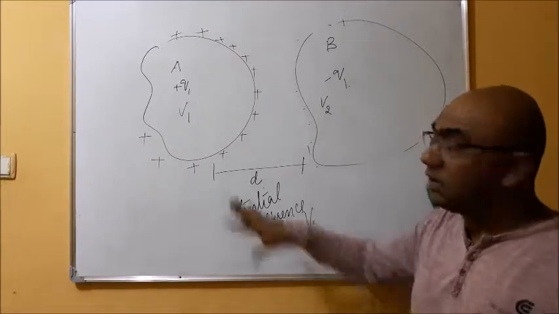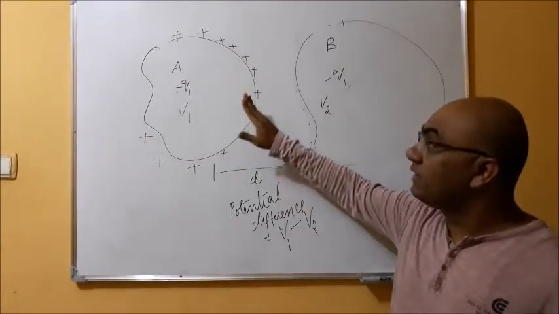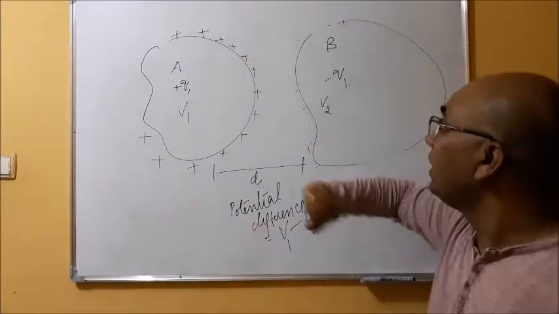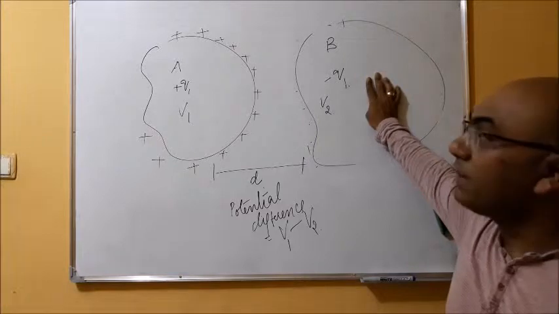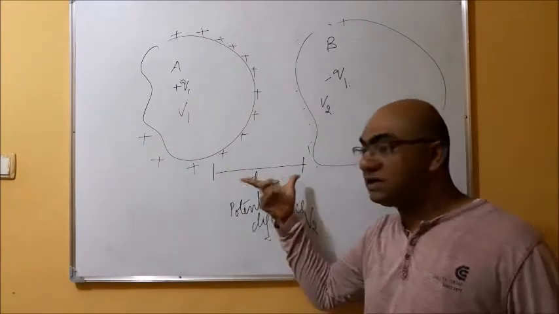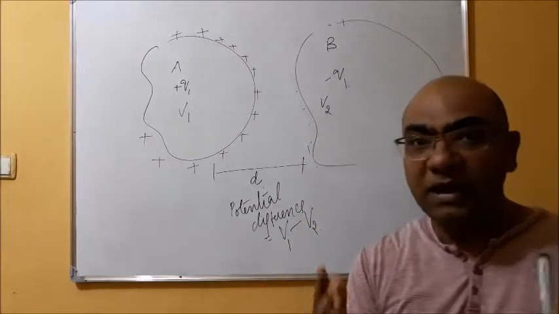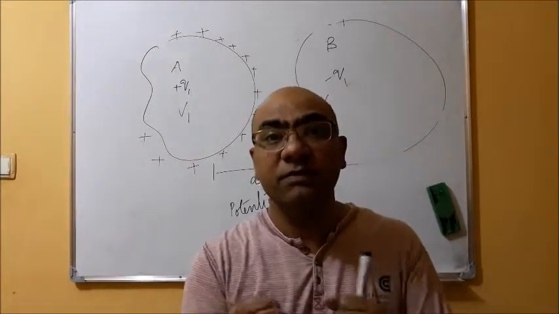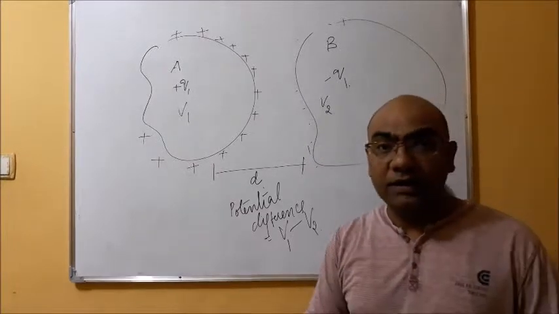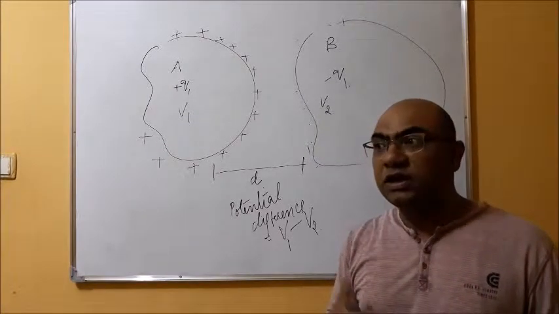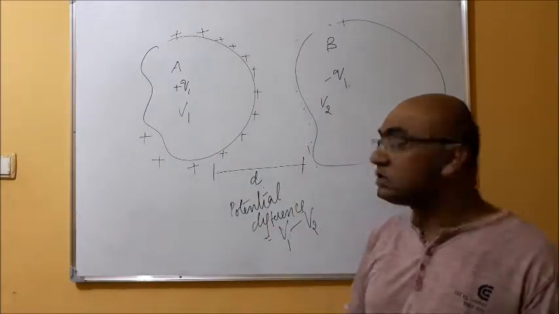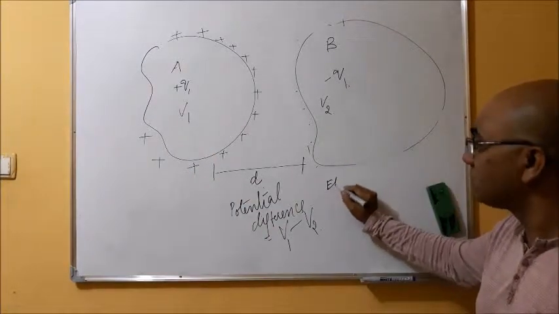So the external system is giving the charge plus Q1 to body A, and the same negative charge to body B, and both the bodies are at distance D. So what will happen in making this arrangement? Some energy will be stored between body A and body B, right? Since this energy is due to the static positions of the charge, this is called electrostatic energy.